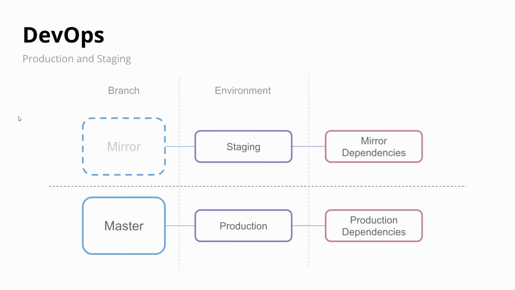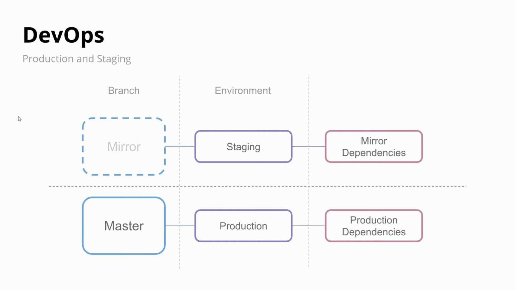The idea with this is basically to replicate production as much as possible, so that we can move the code that's in staging to production without breaking anything, and of course without causing regressions. Some of the dependencies that are going to be mirrored are, for instance, databases or any third-party service that needs to be mirrored in this case.